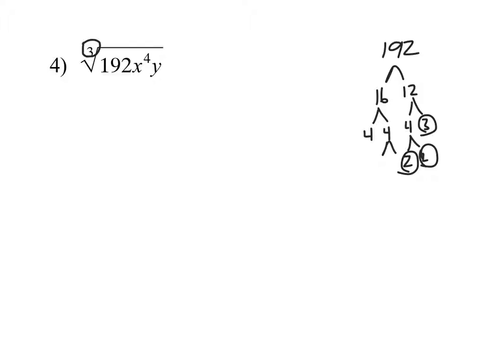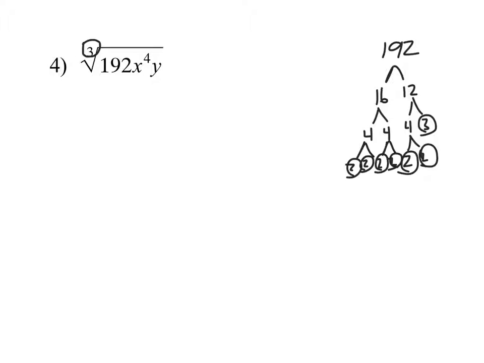And then this 4 goes to 2 and 2. And then this 4 goes to 2 and 2. Okay, so totally here, I have 1, 2, 3, 4, 5, 6 2's, and I have 1 3.